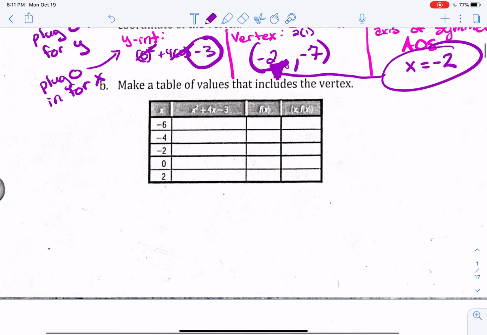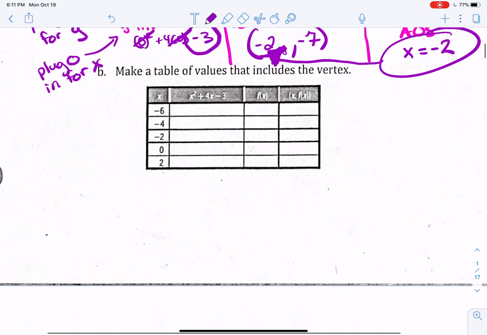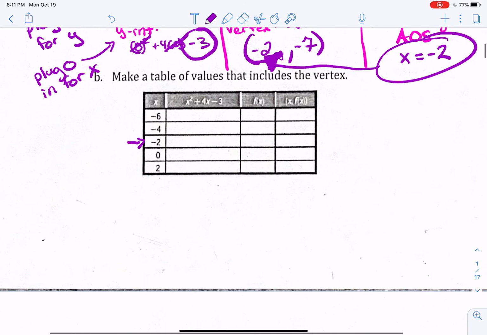All right, so they say make a table of values that includes the vertex. They've listed my vertex here as my middle term, okay? They want us to do that so that we can have a couple points on either side of that negative 2. We've already plugged the negative 2 in, and we got that the y-coordinate was negative 7, so negative 2, negative 7. That's where he fits. But then they want us to plot some other points as well.